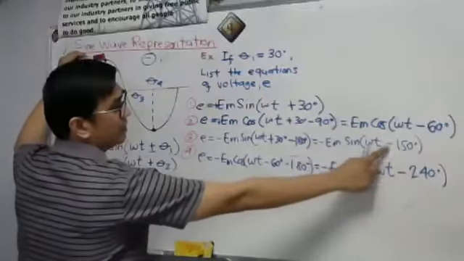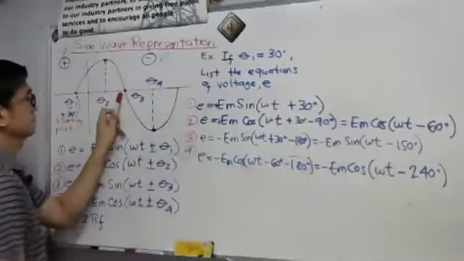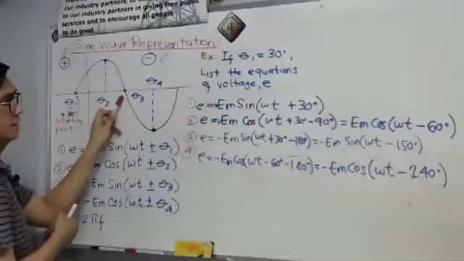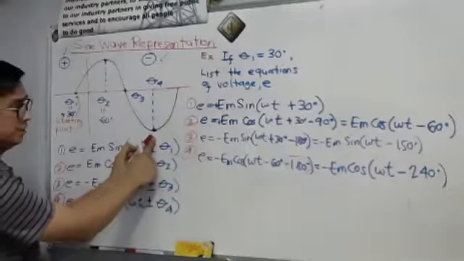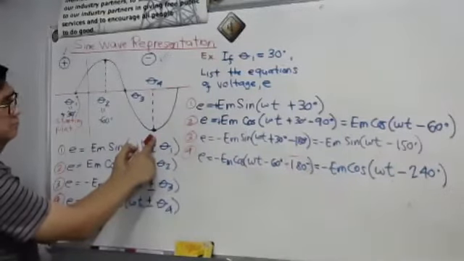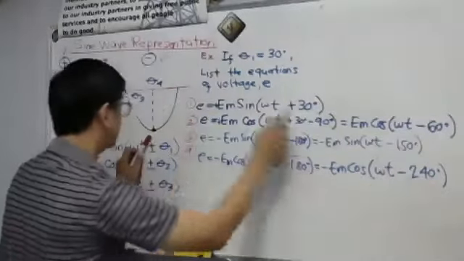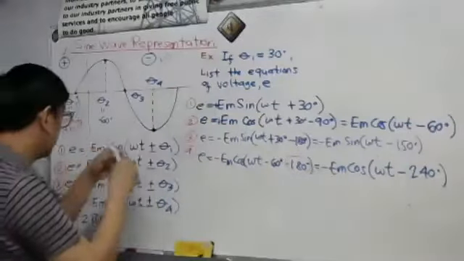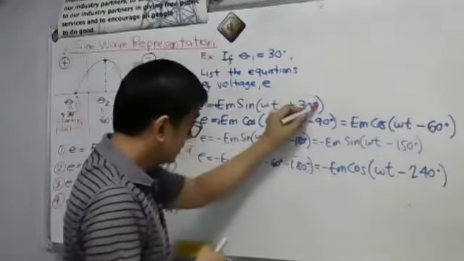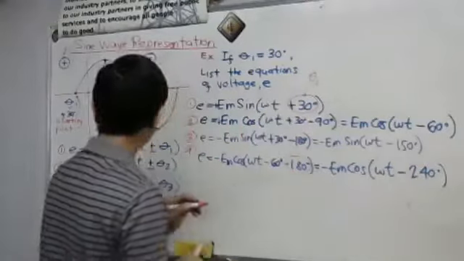Our negative 150 degrees is the location of theta 3, and negative 240 degrees is the location of theta 4. So this is for theta 1, the 30 degrees.